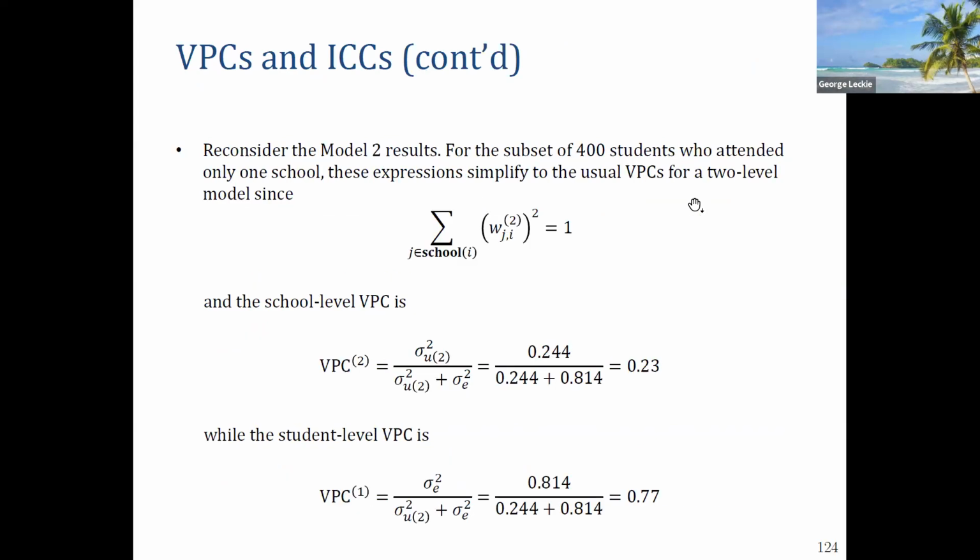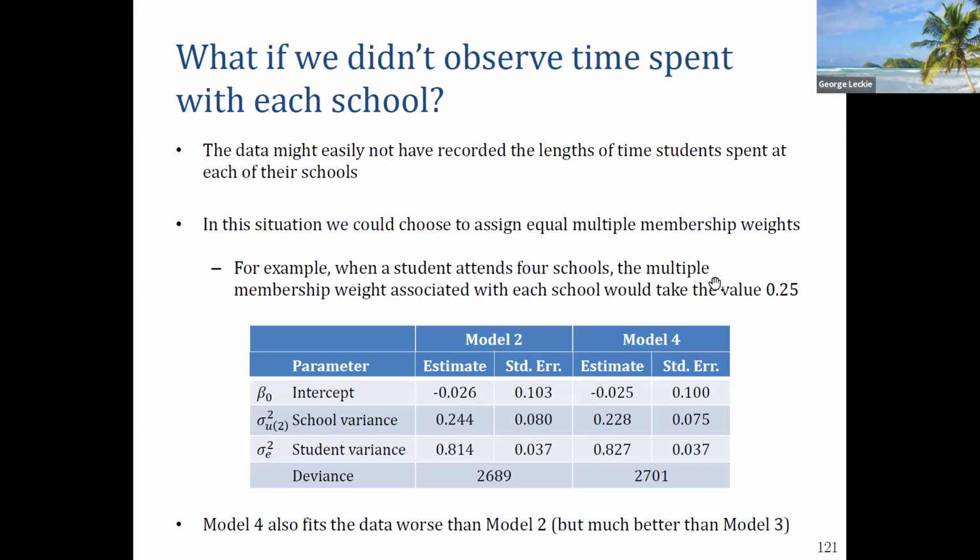Except to say, taken to the extreme, imagine that some students attend all 25 schools, equal proportion of time in each. Then the schools can't account for why some kids do better than others. They've all had a common exposure, and the VPC drops to 0. So the more you attend multiple schools, the more the school effects cancel each other out on average. You went to a good school, this was less good, and they start cancelling each other out.